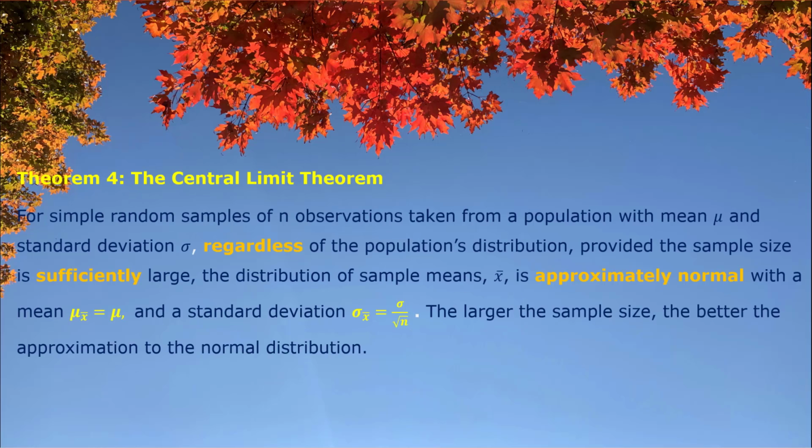Theorem 4: The central limit theorem. For simple random samples of n observations taken from a population with mean mu and standard deviation sigma, regardless of the population's distribution, provided the sample size is sufficiently large, the distribution of sample means x bar is approximately normal, with a mean mu x bar equals mu, and the standard deviation sigma x bar equals sigma divided by the square root of n.